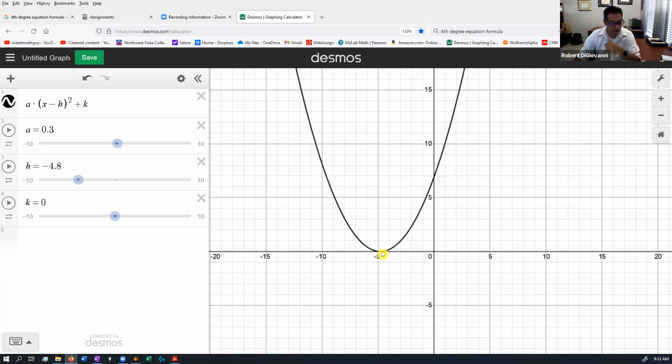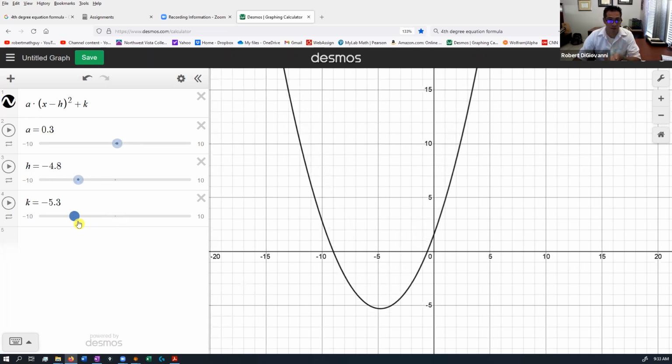Or if you move it like this, it could have two x-intercepts. So with all parabolas, regardless of whether they open up or down, you're going to have no x-intercepts, one x-intercept, or two x-intercepts. It's not possible to have more than two for a quadratic function.